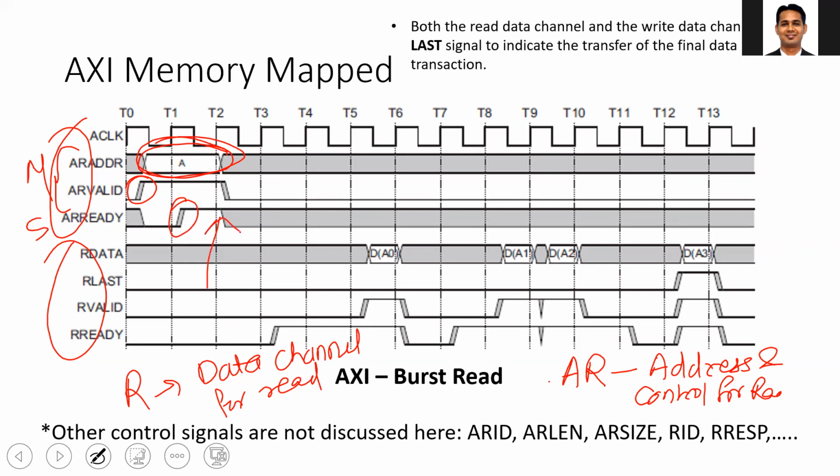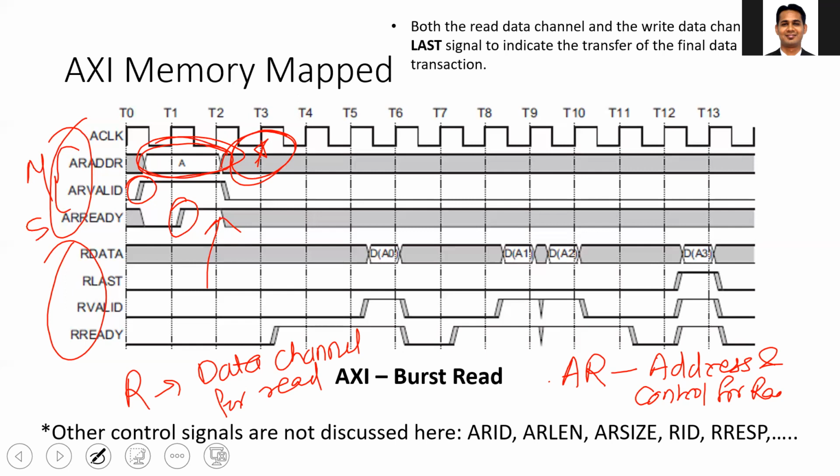At this point the handshake happens and the information is transferred from the source to the destination. The slave now knows there is a request for a read transaction with the address and control information embedded here. Then the slave reads the data.